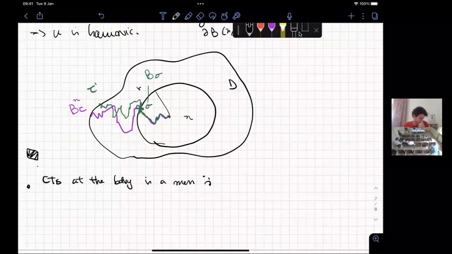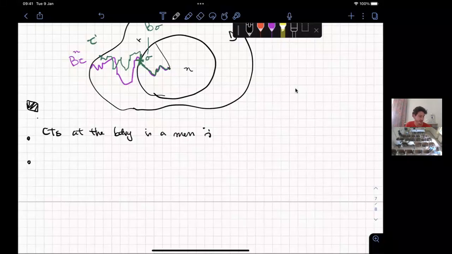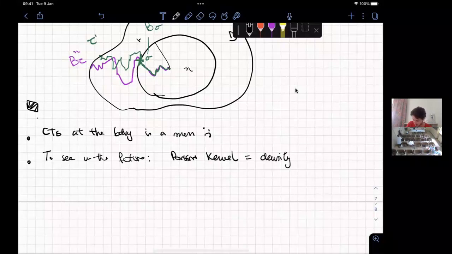And okay, there is a final part that I will probably skip, and I will give it to the next speaker that will talk about harmonic measure, and it is the fact that the harmonic measure should be seen as the Poisson kernel. So to see in the future: Poisson kernel equals density of harmonic measure.